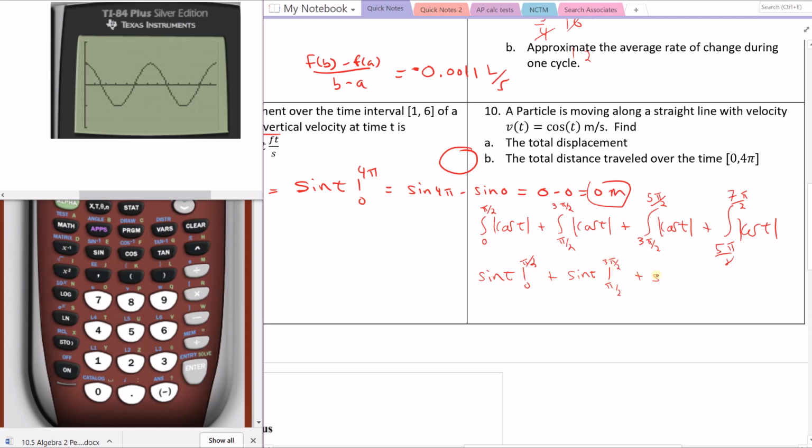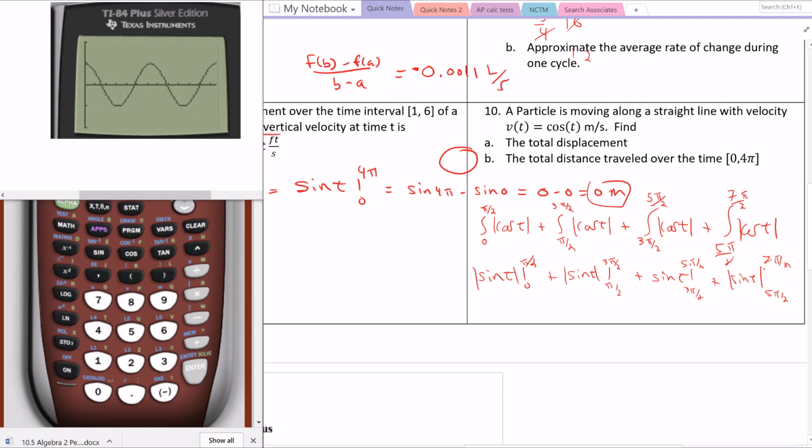This one is sine t, with the absolute value, from 3 pi over 2 to 5 pi over 2, and this one is sine t from 5 pi over 2 to 7 pi over 2.